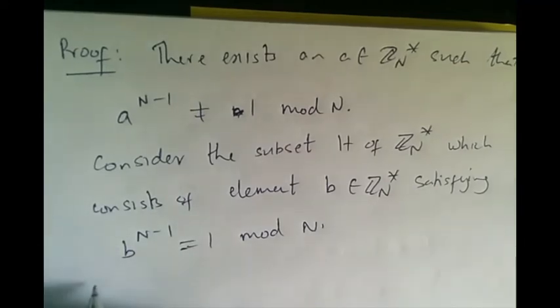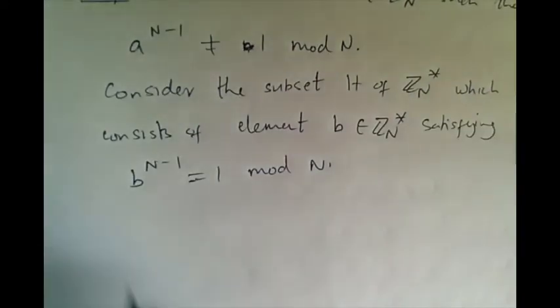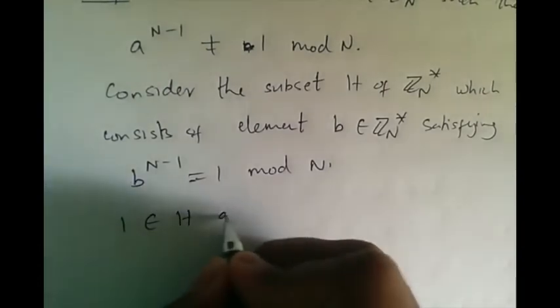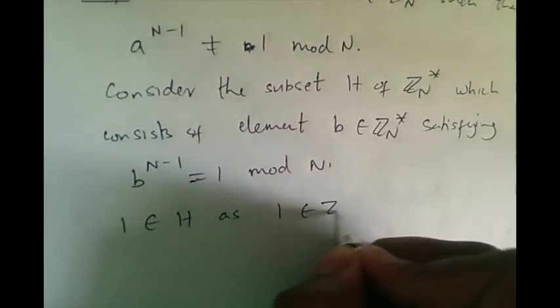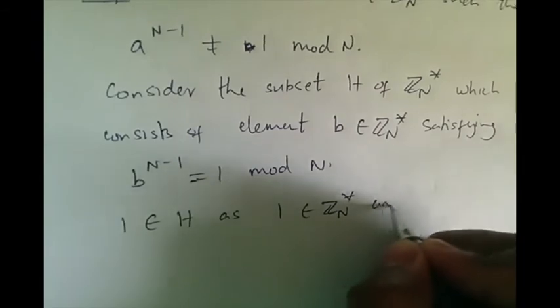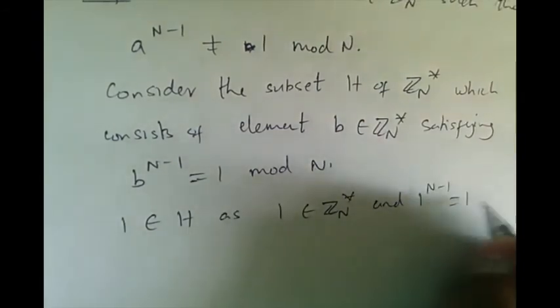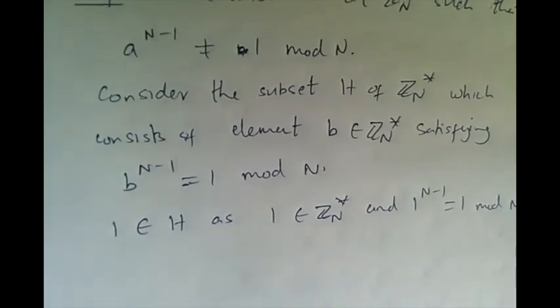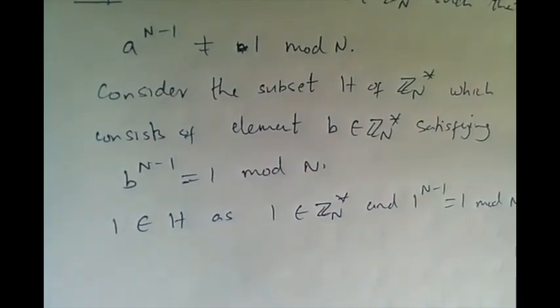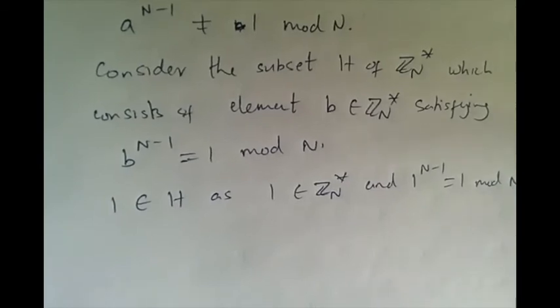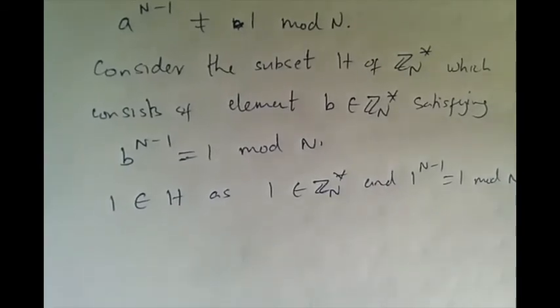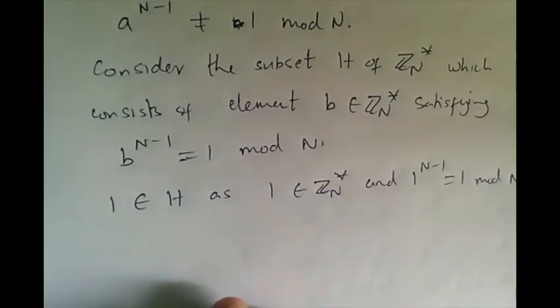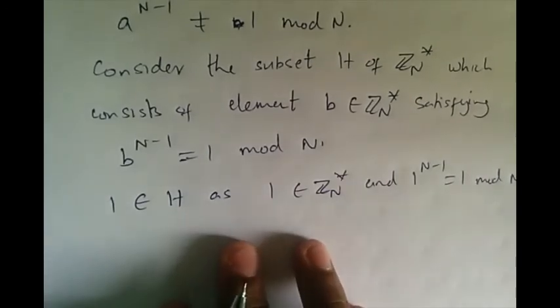So first of all, the set is non-empty. So 1 belongs to H as 1 belongs to Zn star, and 1 raised to n minus 1 is 1 mod n. So this set definitely contains at least one element. Now we are trying to see what other properties this set has.